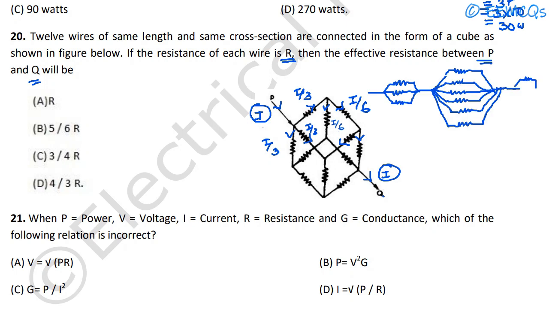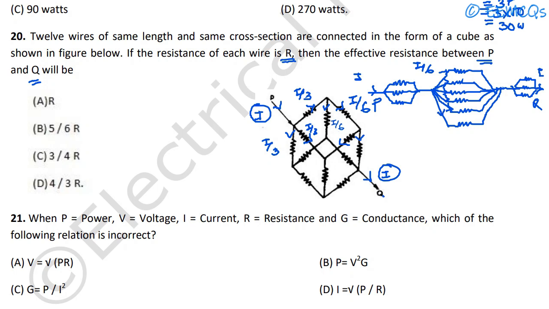Similarly here this will be like this. Okay. So here will be I, again here will be I. This point let us take as P and this point as Q. So here the current will be I by 6. Okay. All the branches are having I by 6.